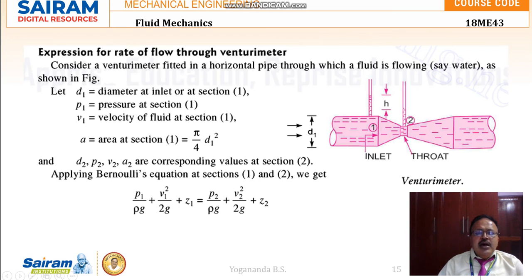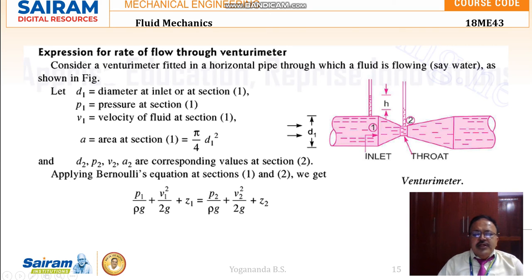Z1 is the height of the axis of the Venturi meter at section 1 with respect to the ground. Similarly, Z2 is the height of the point at section 2.